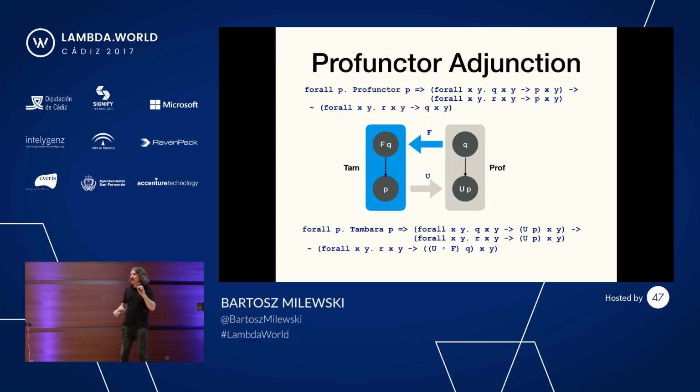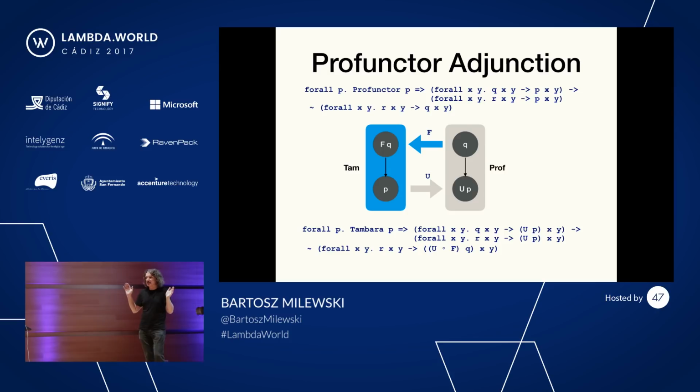I pick U as a functor that is a forgetful functor. Runar also talked about this. A forgetful functor just forgets the structure. So if I have a Tambara profunctor, I can map it into the category of profunctors, the same profunctor, but forgetting that it has this additional property.